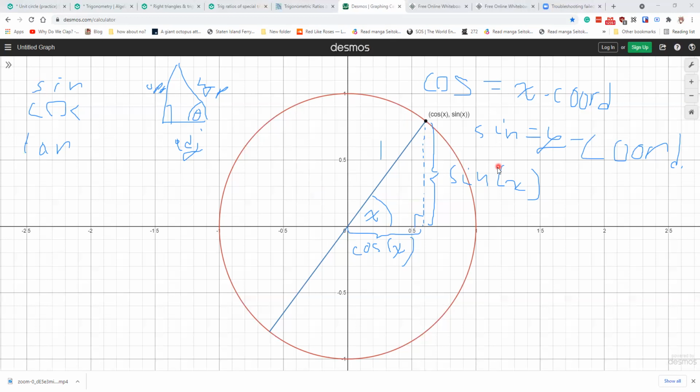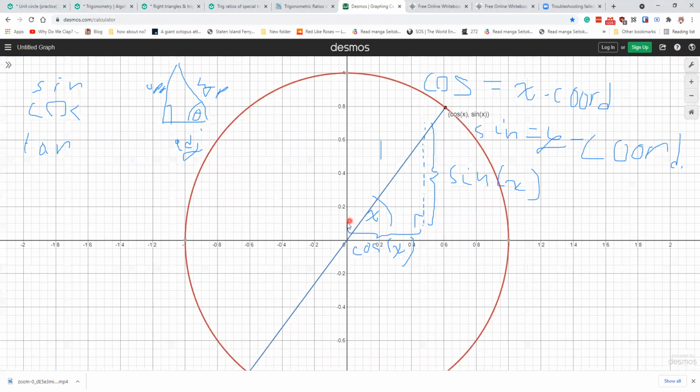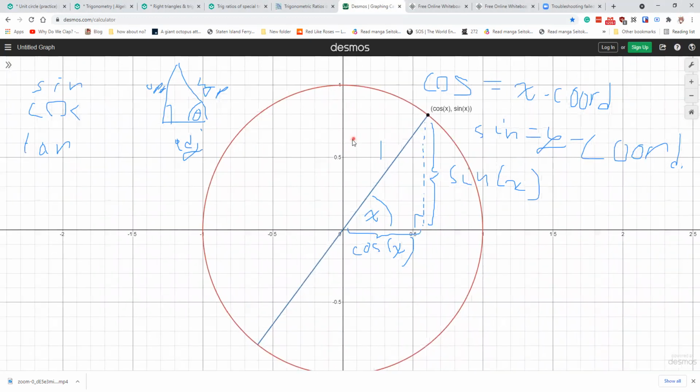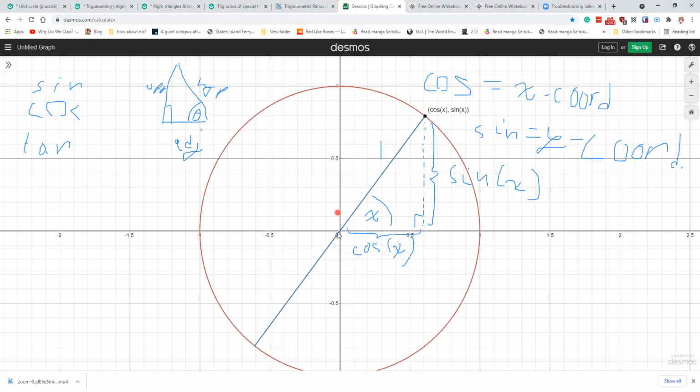So this is how we define cosine and sine in the context of the unit circle. If you imagine a point on the unit circle, so this point, 0.415 and 0.9098, then if you imagine drawing a line from this origin to whatever point here, then the angle made between the x-axis and that line has the cosine of the x value.